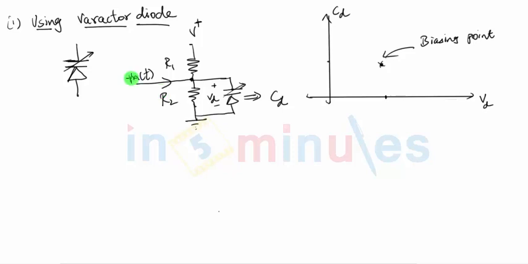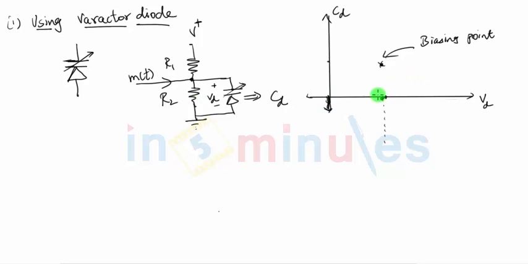In practice, it will be a time varying signal whose amplitude constantly keeps changing. As the m of t amplitude changes, the voltage VD will also change, but it will change around the fixed value that we had previously. And as the voltage keeps changing, the value of the capacitance offered by the varactor diode will also keep changing.